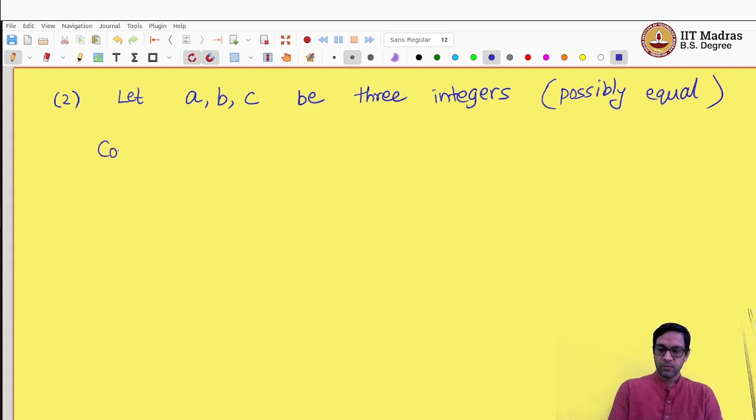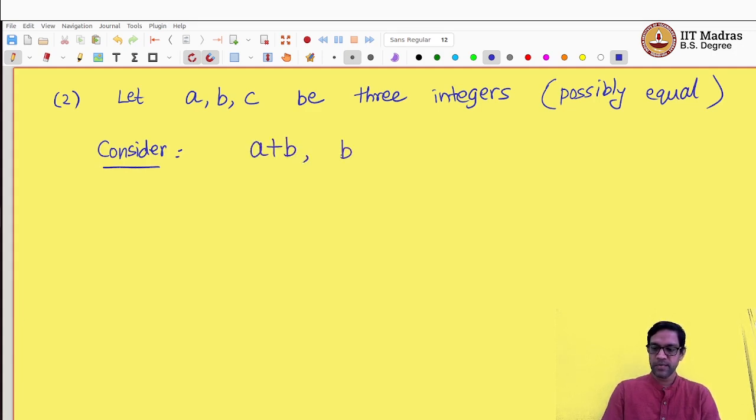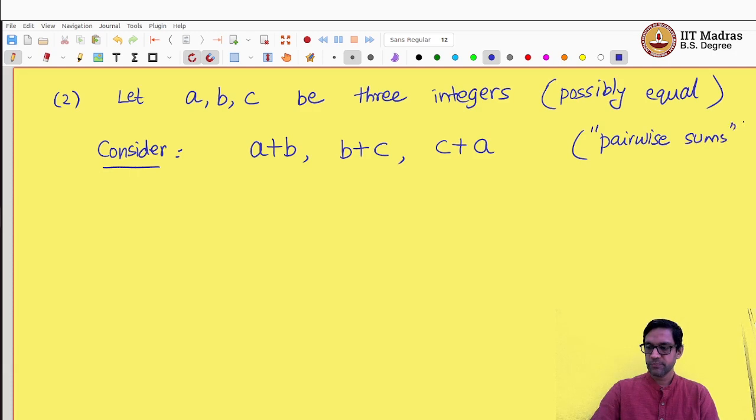Now, I don't care. I take any three integers and I look at the sums. So I look at A plus B, B plus C, and C plus A. I'm going to add the integers two at a time. So these are what you call the pairwise sums of these numbers.